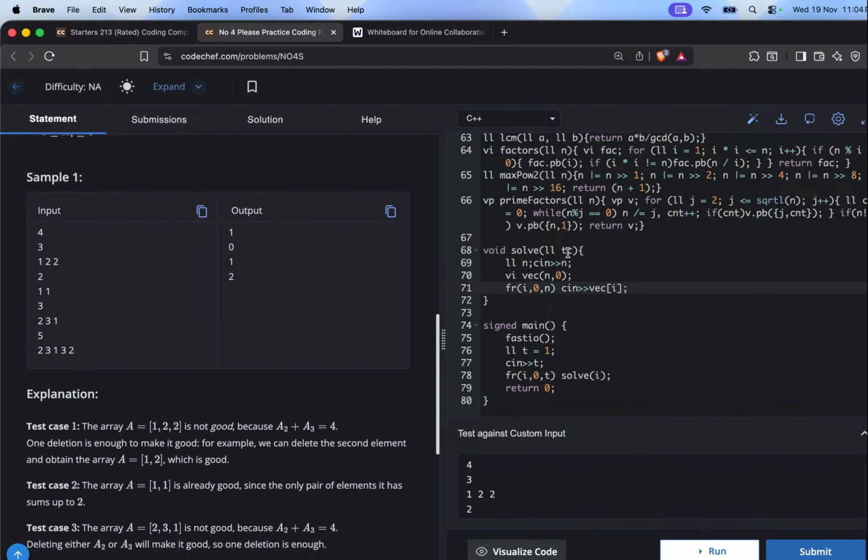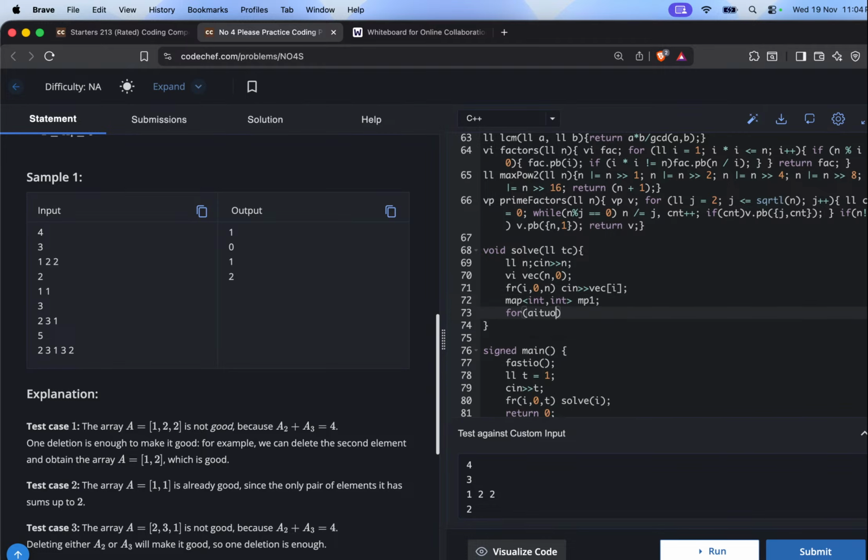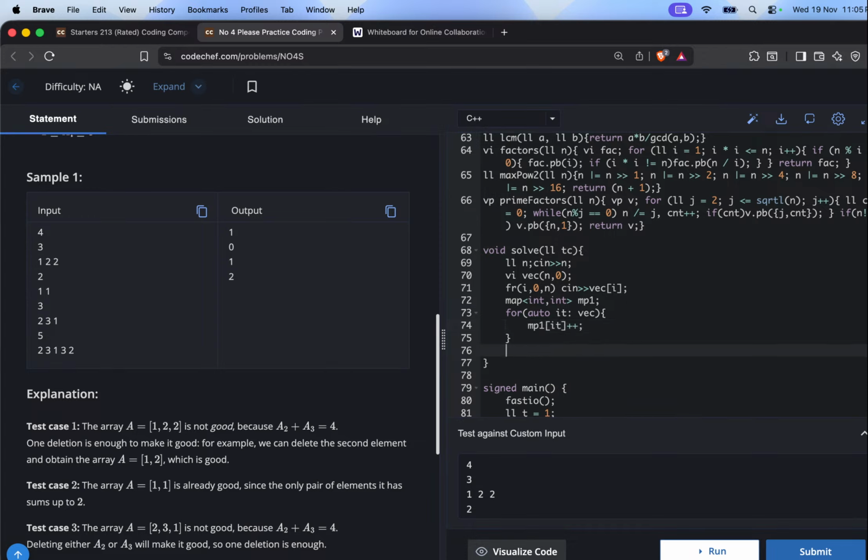We have taken the vector as input. Now create a map. Iterate over the vector and store the frequency of each element. At most one 2 should be present.